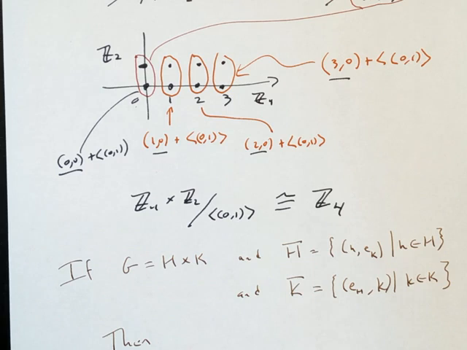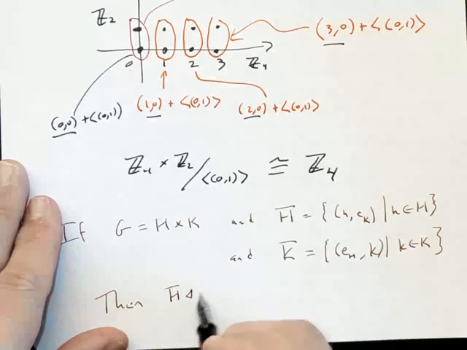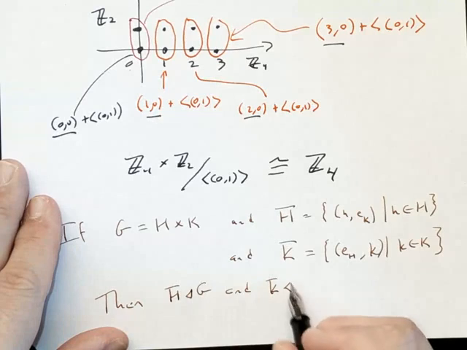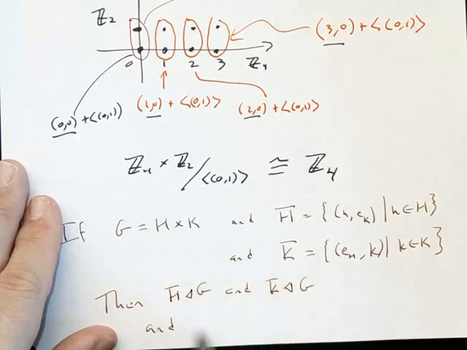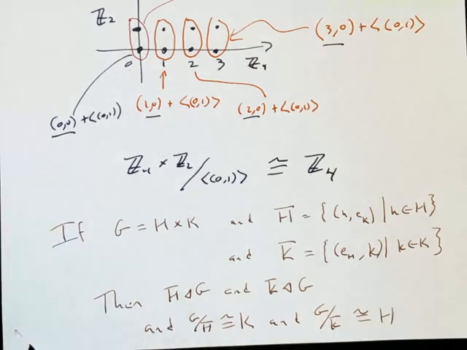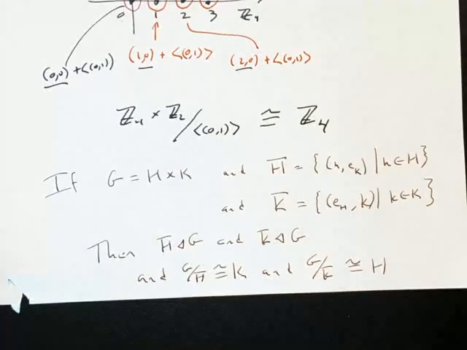And what's more, G mod H bar is isomorphic to K. And G mod K bar is isomorphic to H. How do I know that?